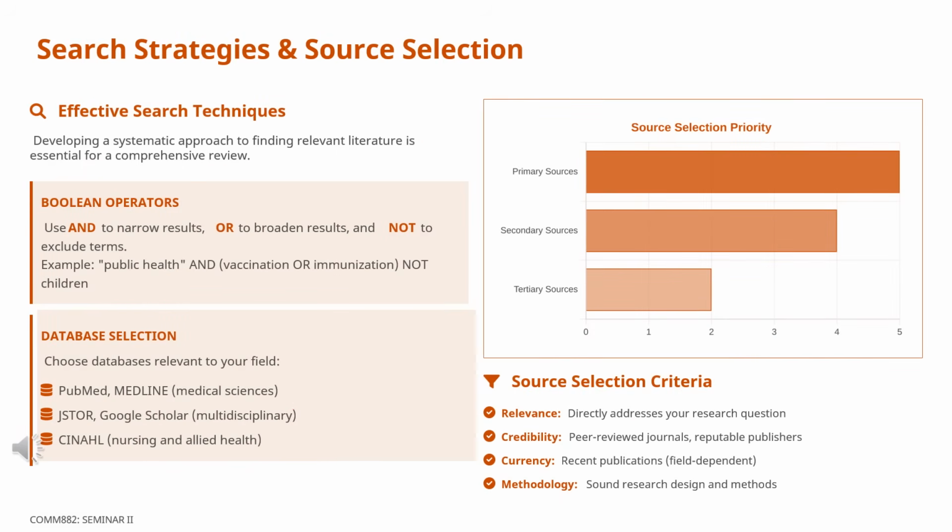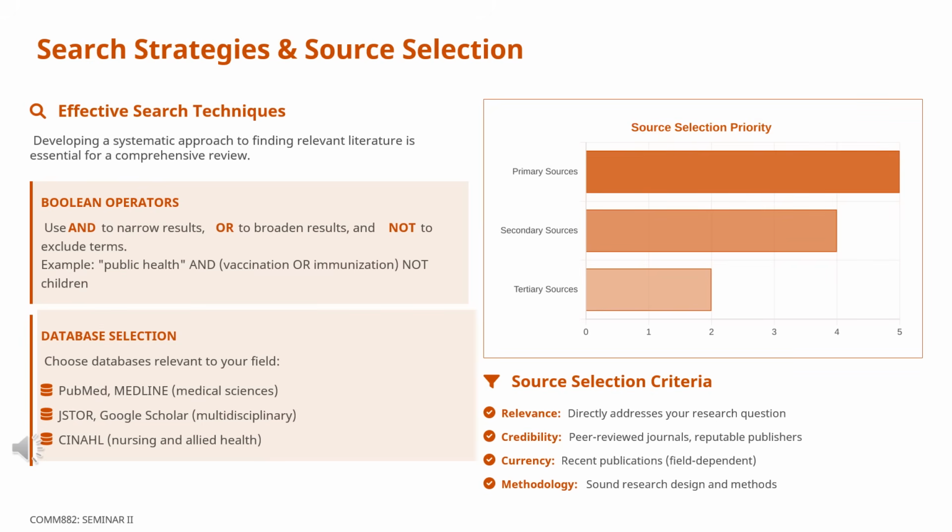So now let's look at some of the search strategies and source selection for your literature review. Effective literature searching requires strategic planning, and this involves developing a systematic approach to finding relevant literature for a comprehensive review. First, you start by identifying key terms and concepts that are related to your topic.